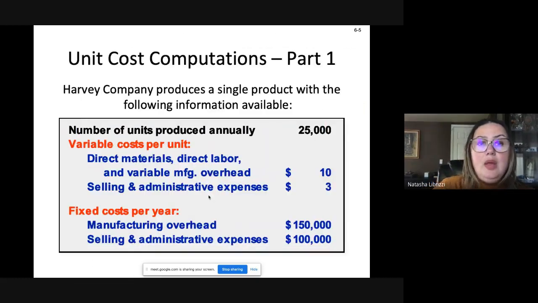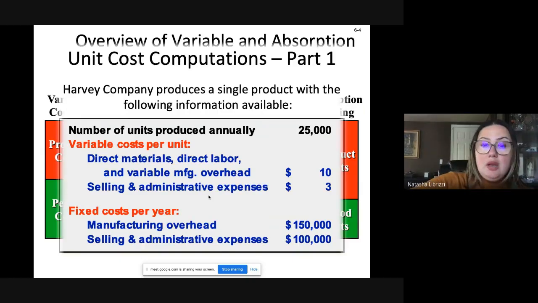For this example, we're going to use the number of units produced annually of 25,000. Produced and sold could be different, so we have to remember that. Not everything you produce you would actually sell. We also have direct materials, direct labor, and variable manufacturing overhead of $10.